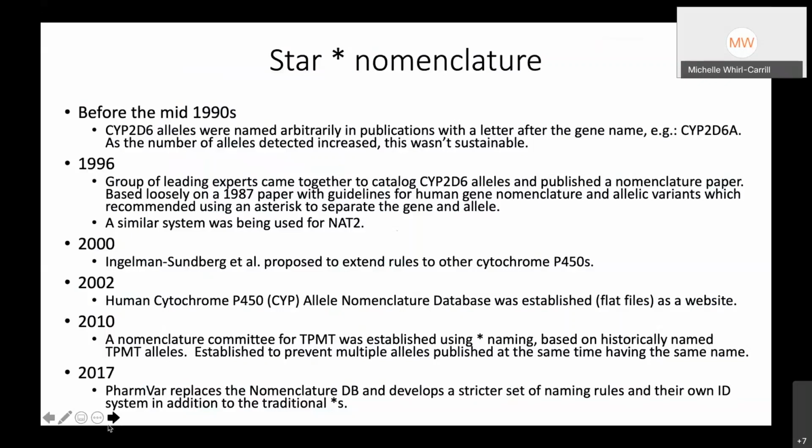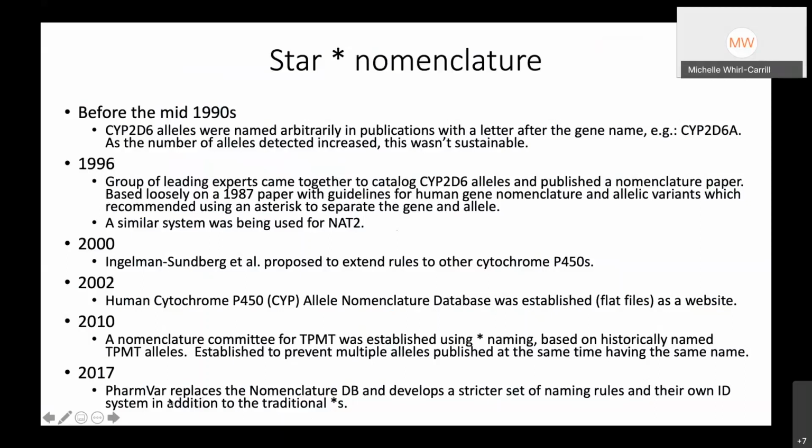It was started in the 90s, but it became formalized around 2000, 2002. The cytochrome P450 allele nomenclature database was started. It was really a website, flat files on a website. Other nomenclature efforts were started as well.